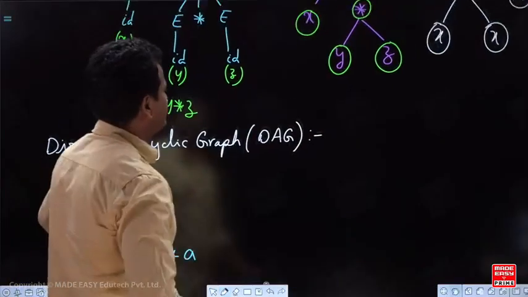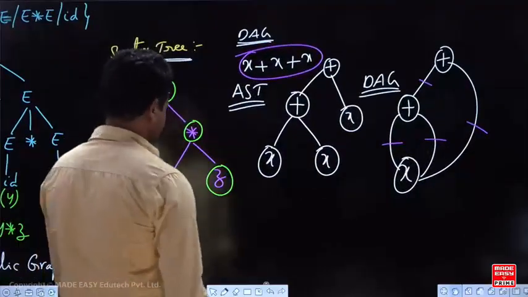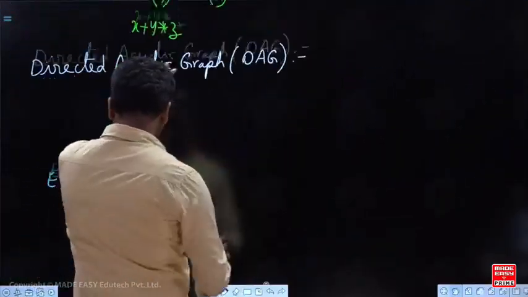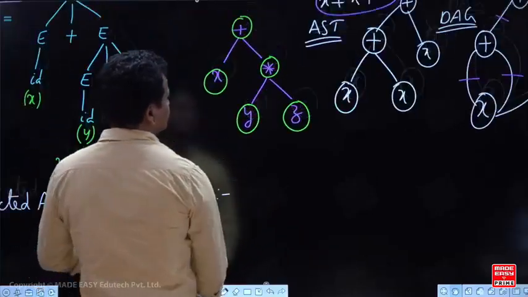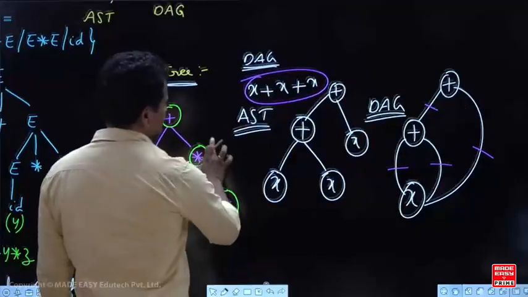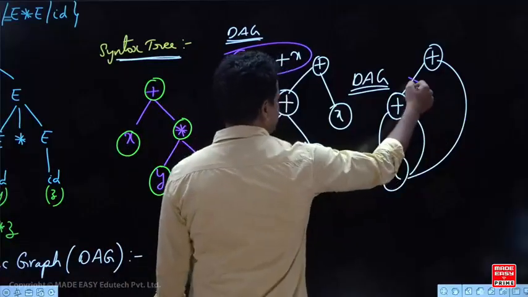Okay. So if you want to copy, you can copy this one. X plus x plus x. I think I have given this one. Okay, differently I have given. So you just copy if you want. Otherwise leave it. If you are copying this, make it fast.